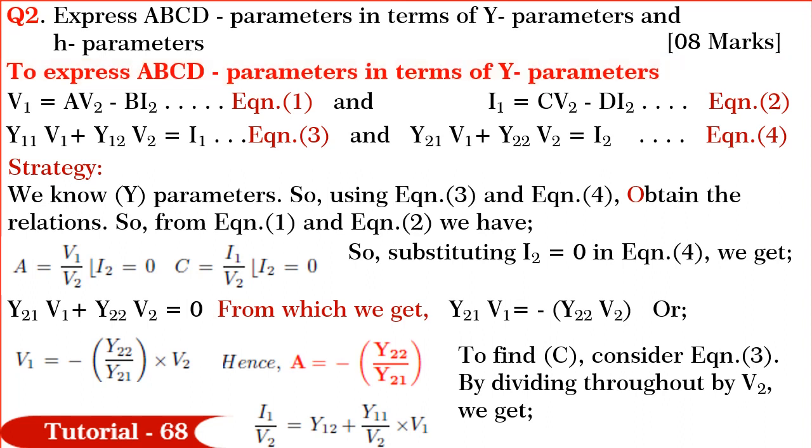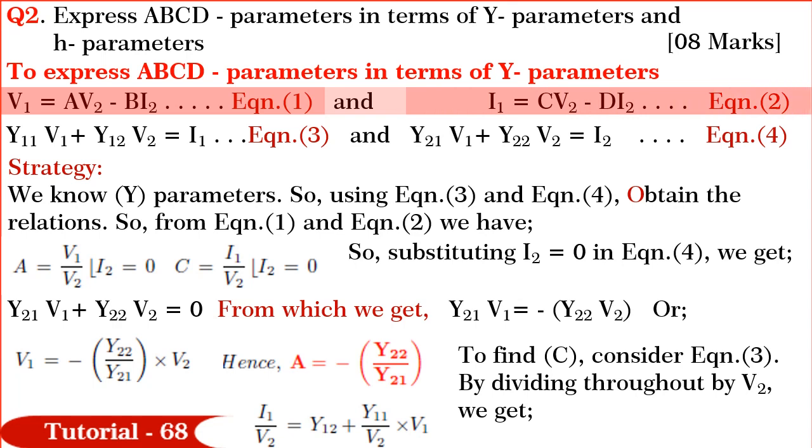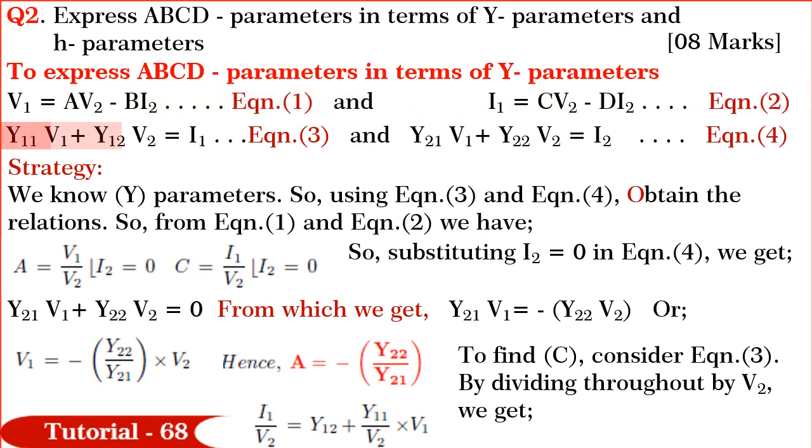We know that V1 is equal to AV2 minus BI2 and I1 is equal to CV2 minus DI2. Also, Y11 V1 plus Y12 V2 is equal to I1 and Y21 V1 plus Y22 V2 is equal to I2.